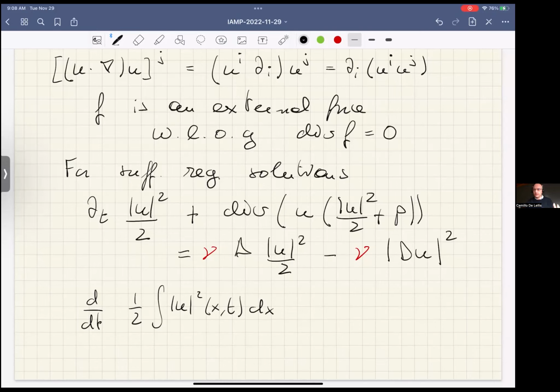If you are, say, in the whole space, or in a domain with boundary, then you have to make suitable assumptions to make that flux term disappear. Another term which disappears, of course, is this one here, which is also a flux, because there's the Laplacian outside. And so what survives is the term which has a sign, which is this term over here.